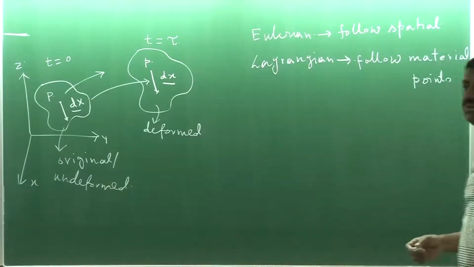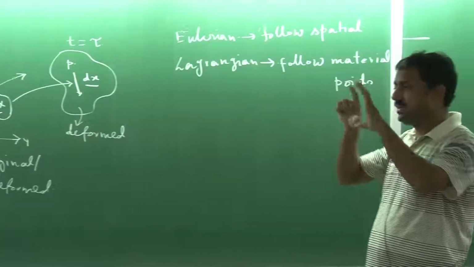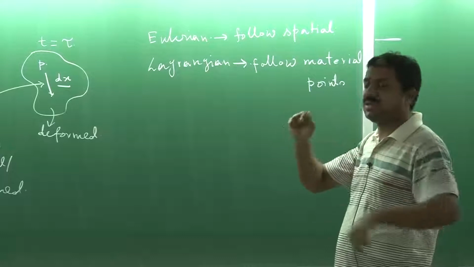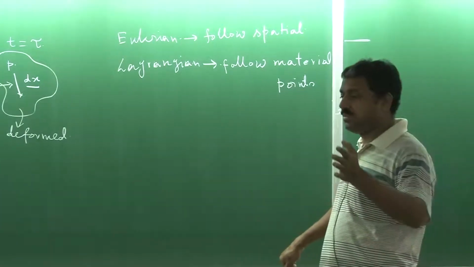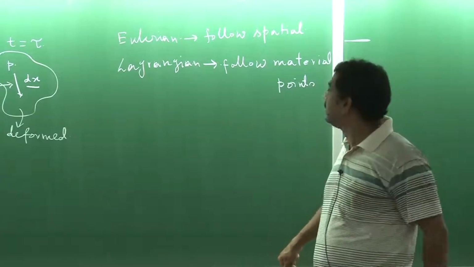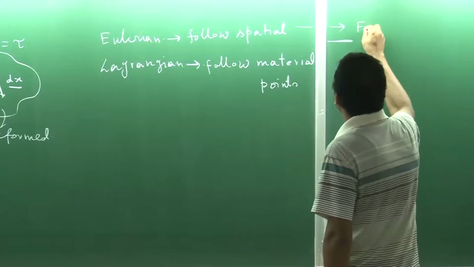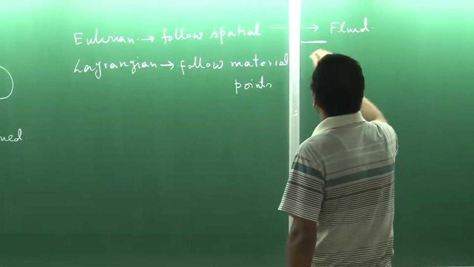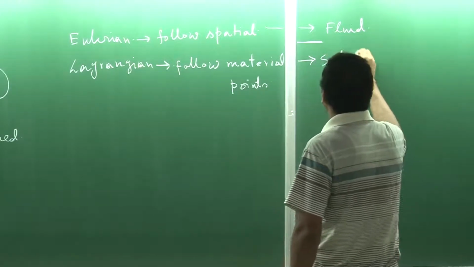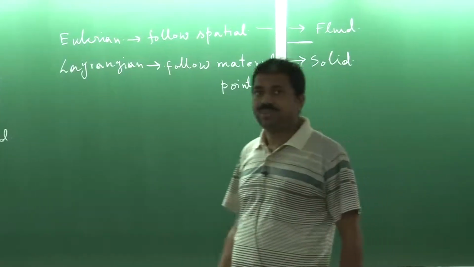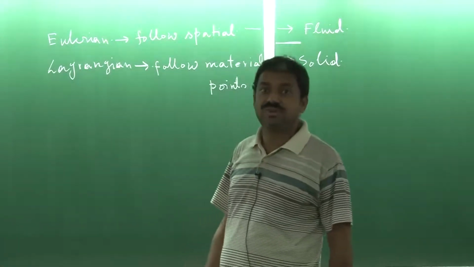In Eulerian we study the motion by fixing points in space, and then we study the behavior of the continuum as it flows through them. So, Eulerian, or updated Lagrangian, is more convenient for fluid, although solid can also be described in this. Lagrangian is for solid, and the reason is that for solid the deformation is very much history dependent, right.